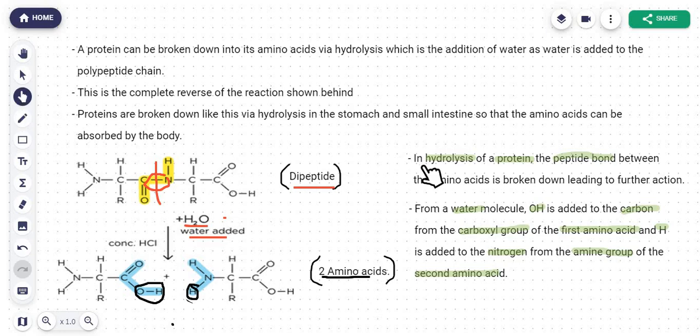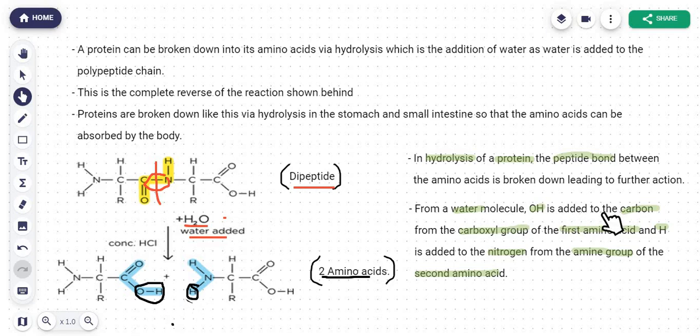Okay. So in hydrolysis of a protein molecule, the peptide bond between the amino acids is broken down. When the peptide bond is broken, a water molecule has to be added in order to break the bond. So to break this, you need to add water. Remember that the OH that came here and the H that came here all come from the water that you're adding.